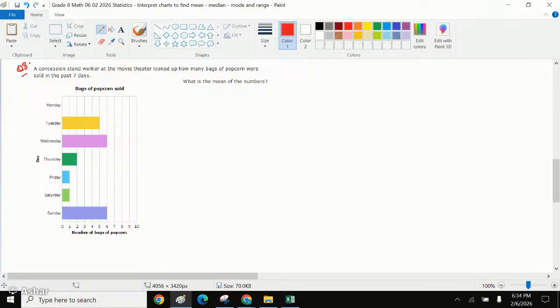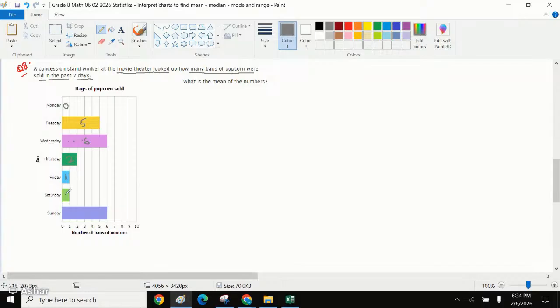But before doing that, we process the information, right? A concession stand worker at the movie theater looked up how many bags of popcorn were sold in the past 7 days. Monday, 0. Tuesday, if I'm not wrong, it should be 5 bags. Wednesday, 6 bags. Thursday, 2 bags.